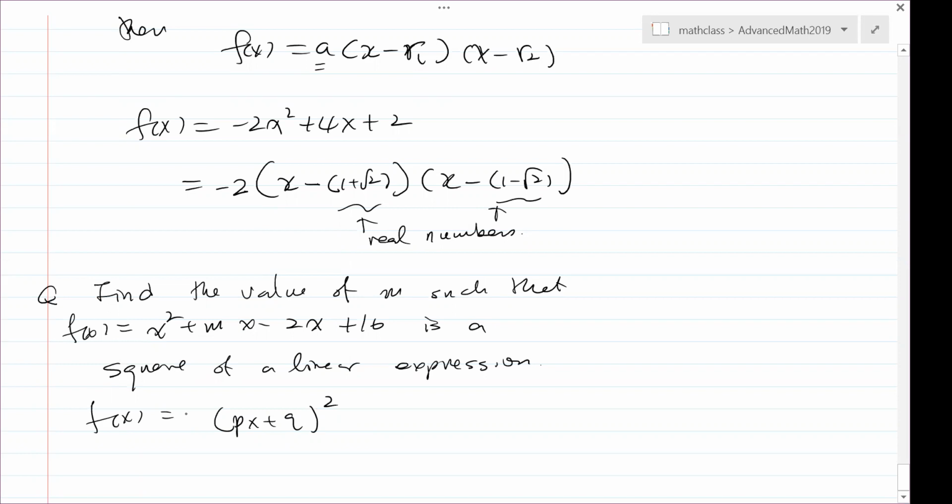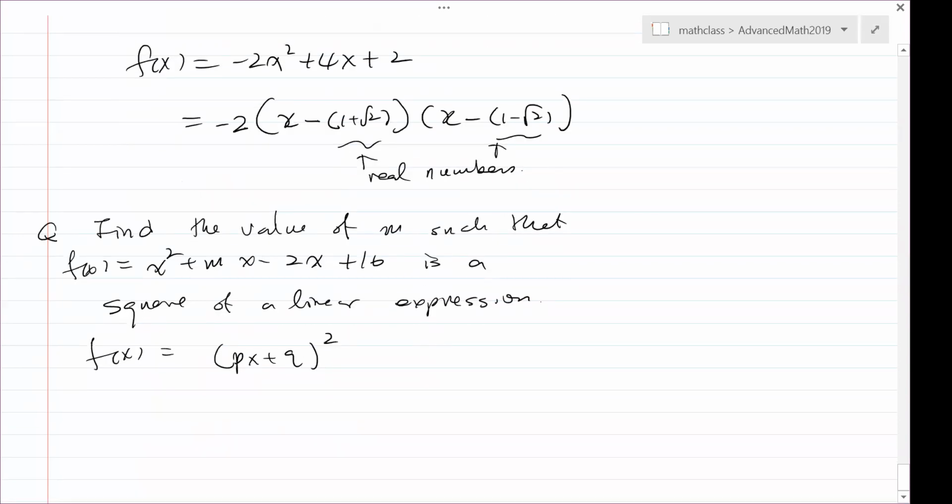If the function is written in that form, it has only one root.